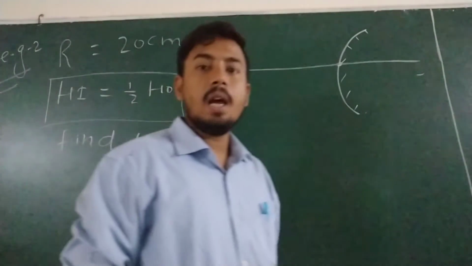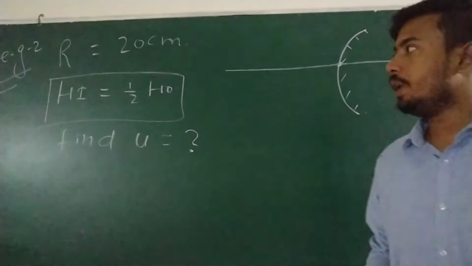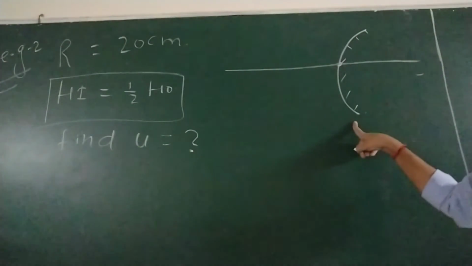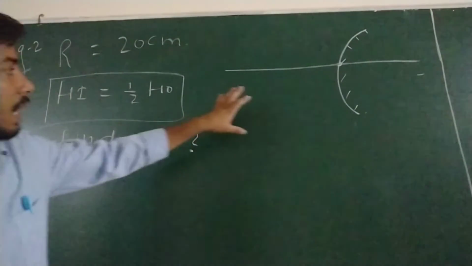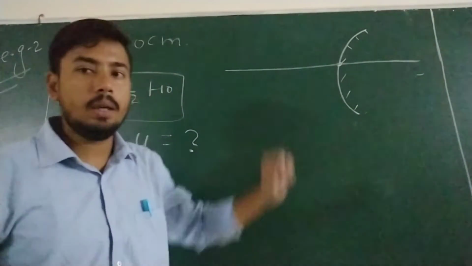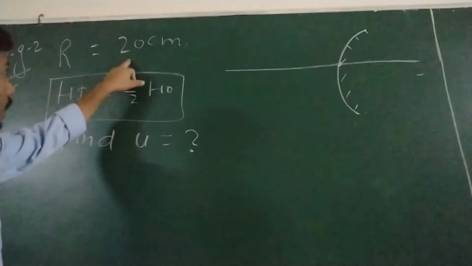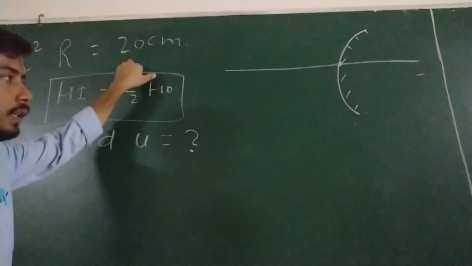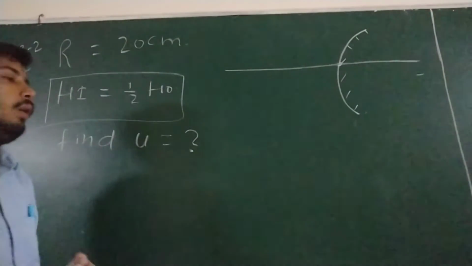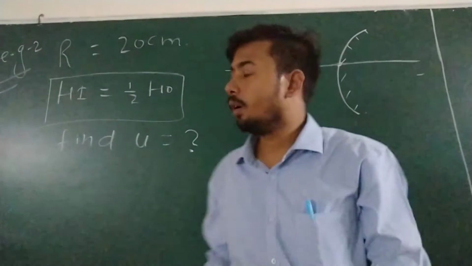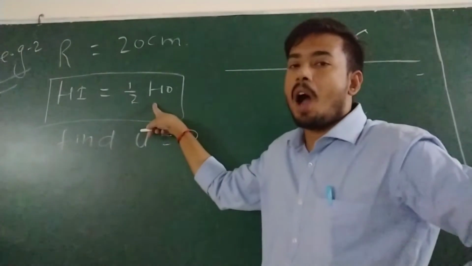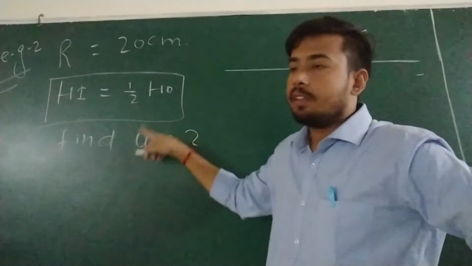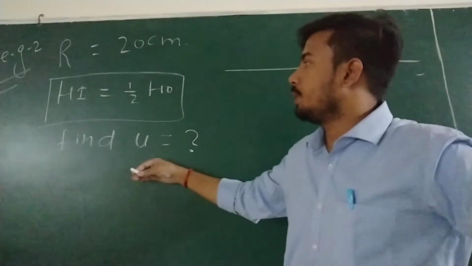See, we have second question in which a convex mirror is given. The radius of curvature of this convex mirror is given 20 centimeter. And one more point is said here: height of image is equal to exactly half of height of object. Then find the position of object.